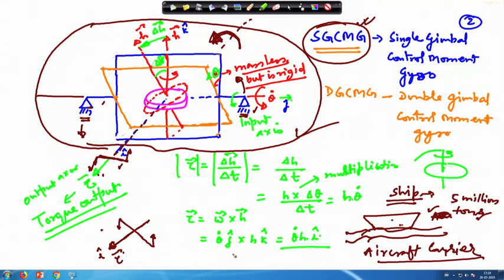For single gimbal control moment gyros, somewhere around 100,000 Newton, what we call 1 lakh Newton meter torque, can be generated, okay, for the terrestrial case. It is very large.